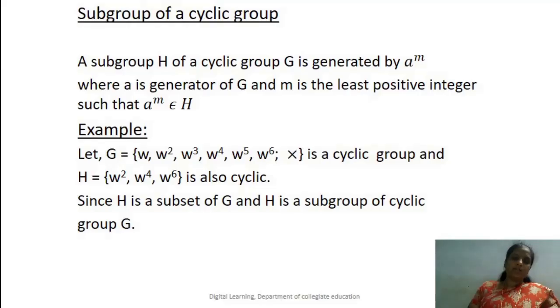Some of the elements, omega square, omega to the power 4, omega to the power 6, we have taken from the group G, which is acting as a subgroup. Since H is a subset of G, H is a subgroup of the cyclic group G.